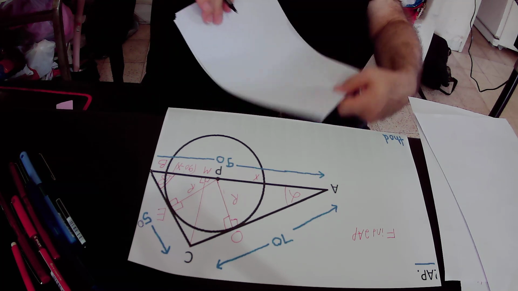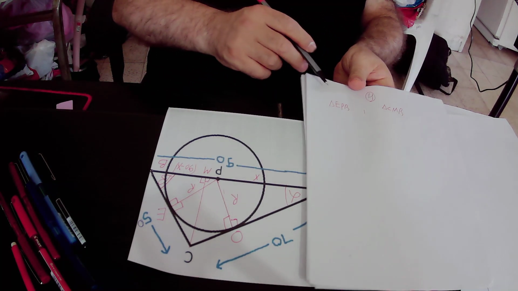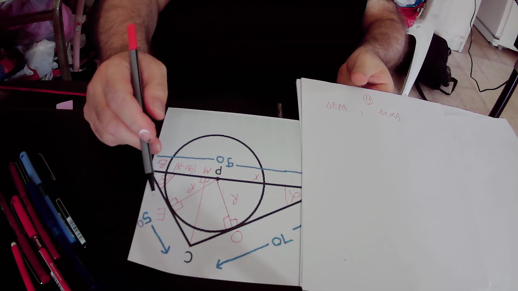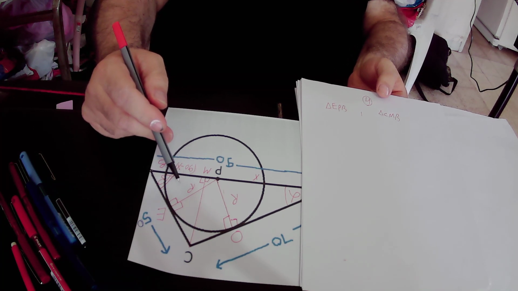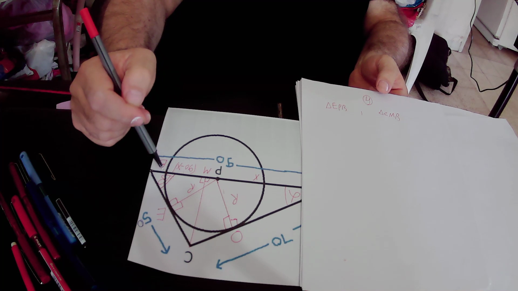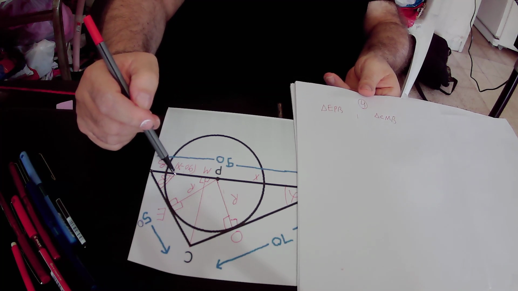Okay, so we'll focus on triangles EPB, this right triangle, and on the right triangle CMB.